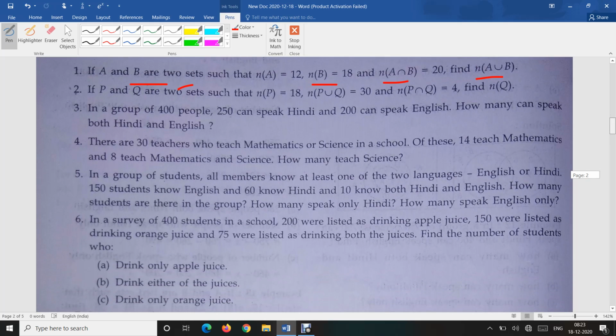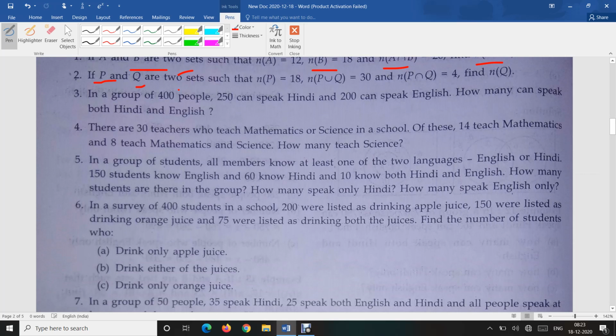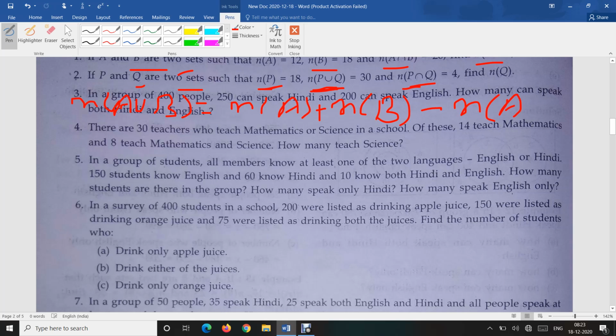Now the next one: P and Q are two sets such that n of P is given, P union Q is given, and the intersection is given. Then you can find n of Q. You know the formula, n of A union B is equal to n of A plus n of B minus n of A intersection B. You have to just put the values.